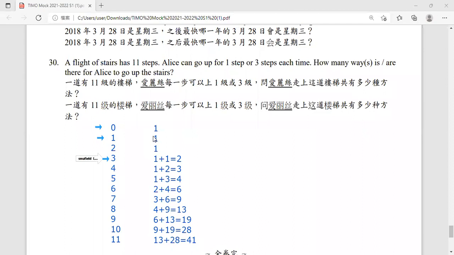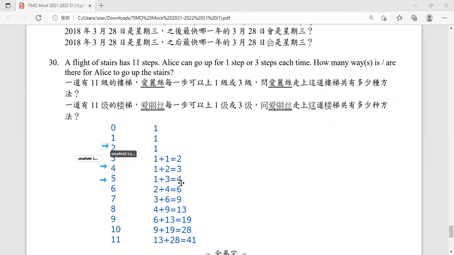Addition rule. So it's 1 plus 1 is 2. For going to step 3, you must come from step 2 or step 0, so add the 1. For step 4, you must come from step 1 or step 3, so you add these 2 numbers, 1 plus 2. For step 5, you must come from step 4 and step 2, so you have 1 plus 3, which is equal to 4.